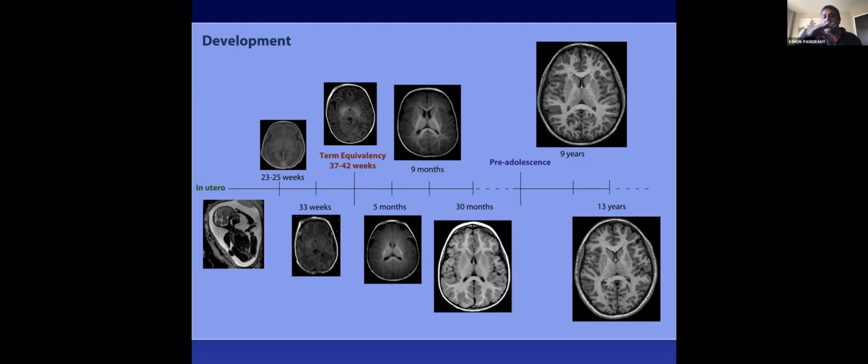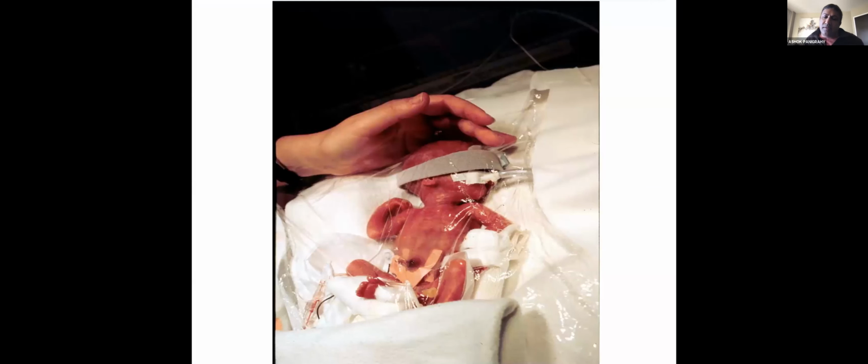And then things start to stabilize once we get into late infancy and childhood. Obviously, there's lots of continuing development that happens right through adulthood, but some of those technical challenges tend to go away. So I always show this as the sympathy slide, I guess, because we are very interested in critical brain injury.